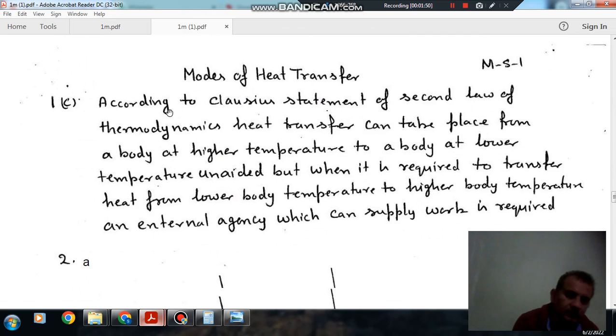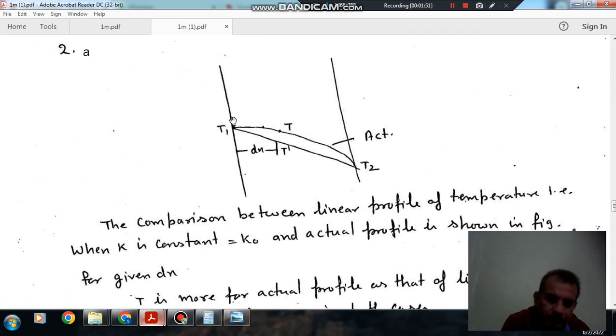So here this is the temperature at one side of the wall, and this is the temperature at the other side of the wall. Now at a distance dx consider the temperature when the profile is linear and when the profile is given like this.